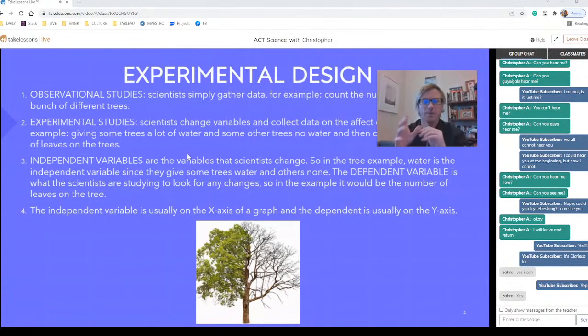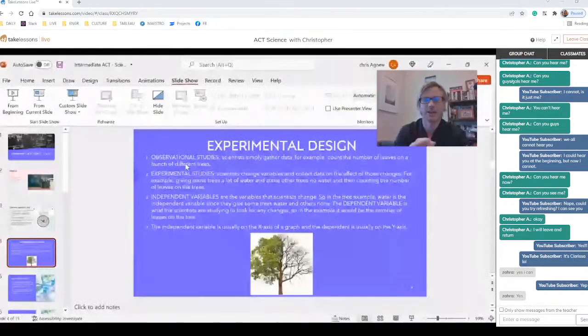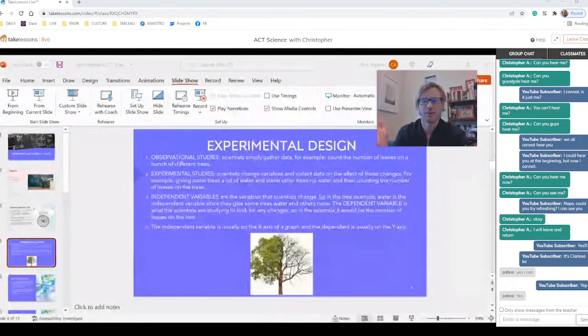The dependent variable would be the count of the number of leaves on the trees. That's what I'm looking to study, but not what I'm looking to manipulate. I'm just looking to see how many leaves are on the trees. The independent variable, the thing they're manipulating, is almost always, 99% of the time, the X variable, and the dependent is the Y. Everybody good so far?